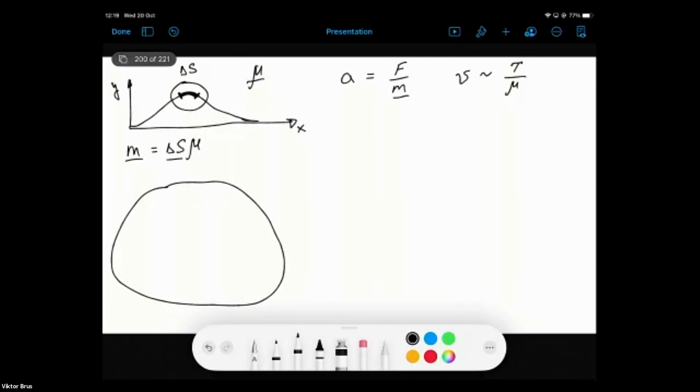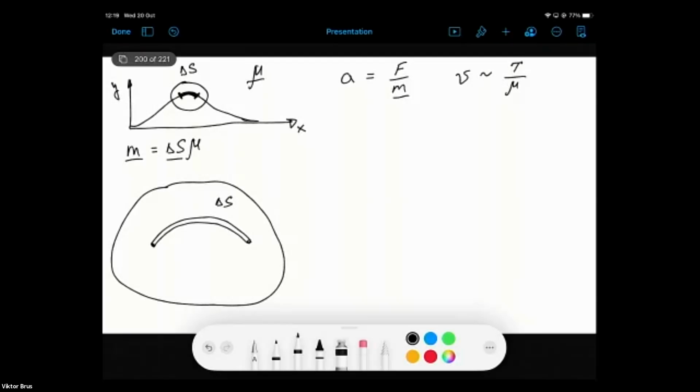So we will have some element of this string, which will be with a length delta S. Then we need to consider what is moving and where.